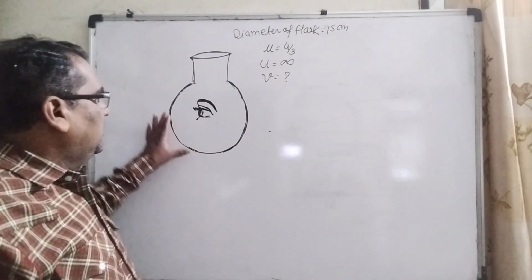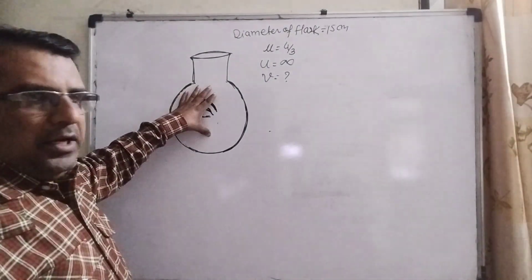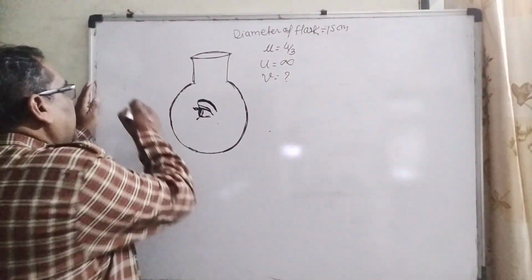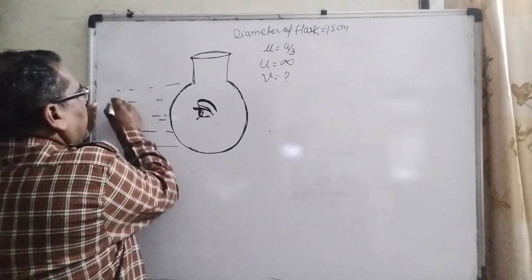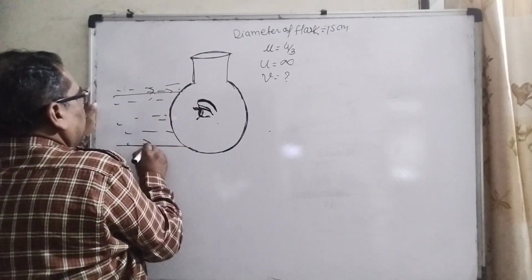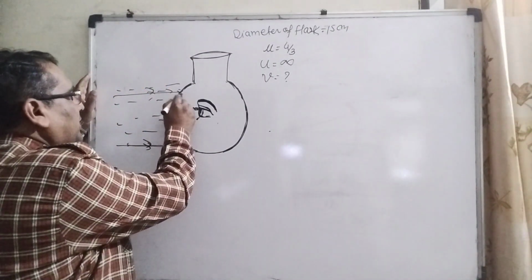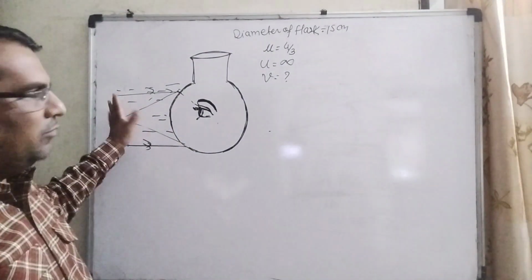in this question your observer is inside the flask and the whole system is kept in water. It means the object is in the denser medium, and a parallel beam is incident on this flask, and we have to find where it appears to focus inside the water.